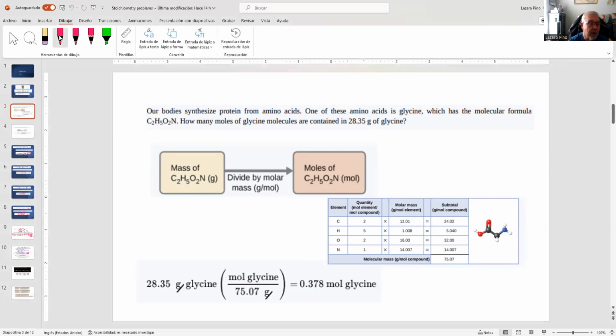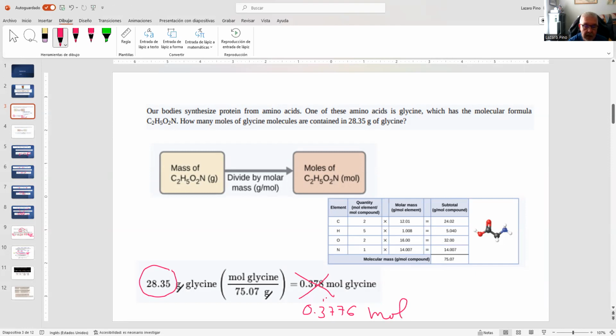You have to report 4 significant figures, as are in the given number. Then it is wrong. The right number is 0.3776 mole of glycine. Because this number has 1, 2, 3, 4 significant figures as the given number.